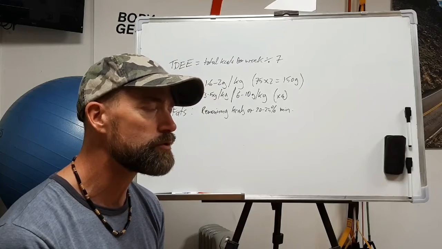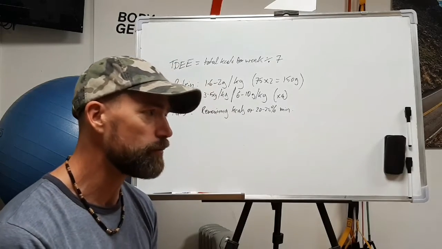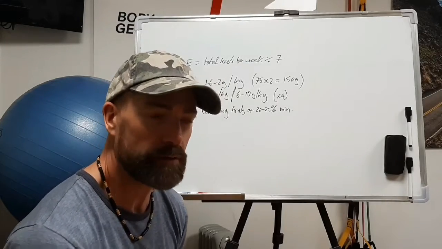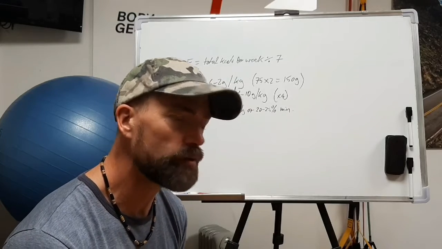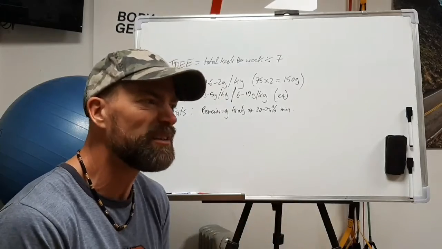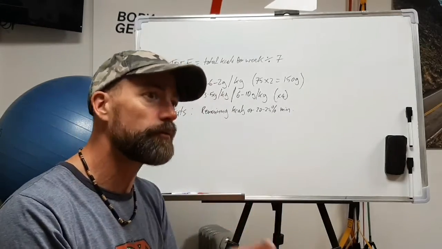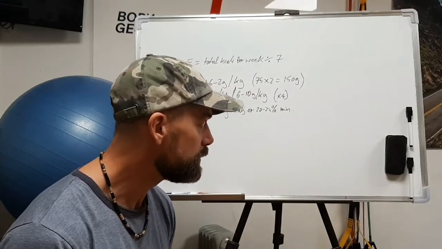One of them was an Ultraman champion in Canada. Another one was a mountain runner. He used to do like 40-mile mountain trail runs in the Pyrenees, and they both thrived quite effectively on a lower carbohydrate diet. But they were still consuming about 200 to 300 grams of carbohydrates a day. It's just comparatively low compared to their total daily energy expenditure.